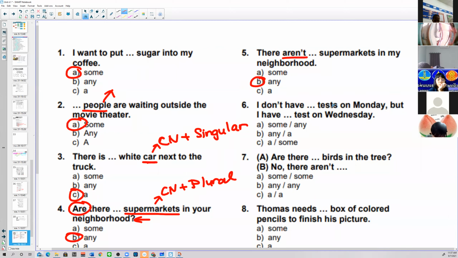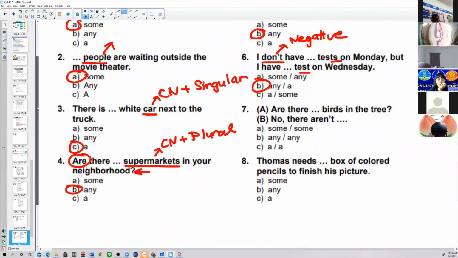Number 6. Look at the noun test. One is tests. The other one is just test. This one is negative. So what are you using? Any and a. Good. I don't have any tests on Monday, but I have a test on Wednesday. Good. Number 7, birds.